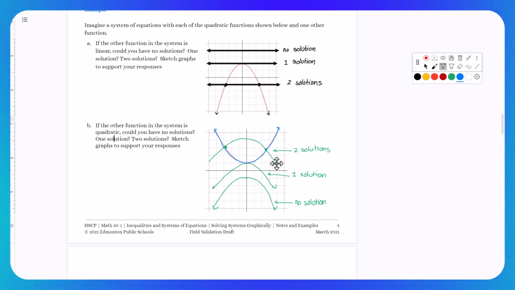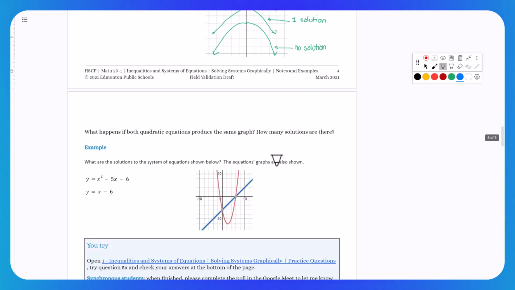Well, if you said that there were infinite, you would be right.